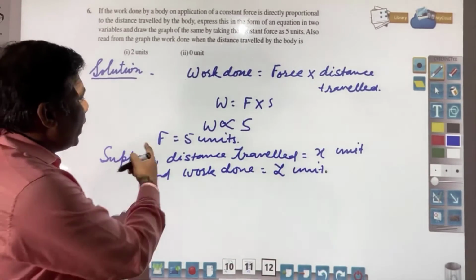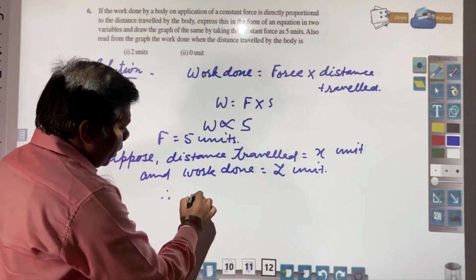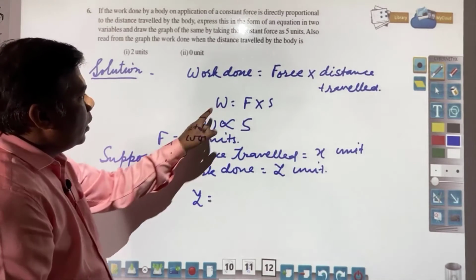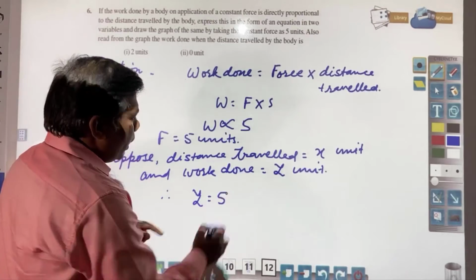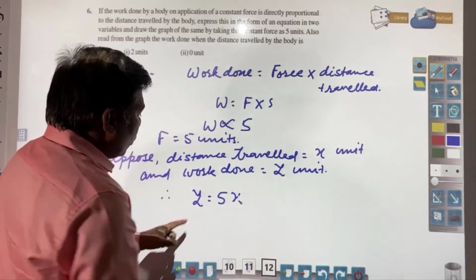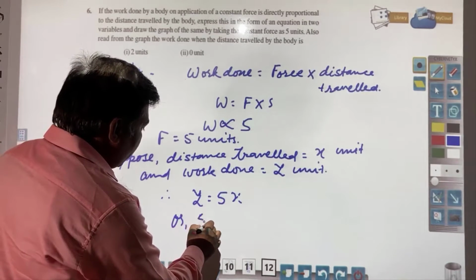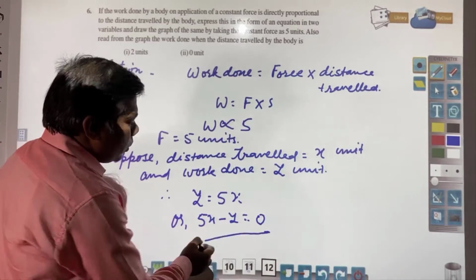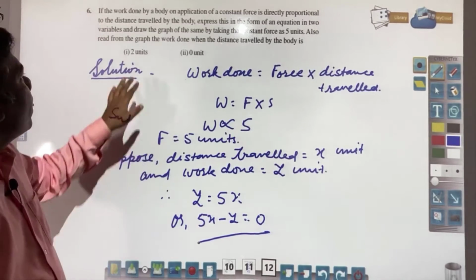Now, since F is equal to 5 unit, work done y is equal to F into S. W is equal to F into S. So F is 5 into S, distance traveled, is X. So y is equal to 5x, or you can write 5x minus y is equal to 0, and this is your required equation.